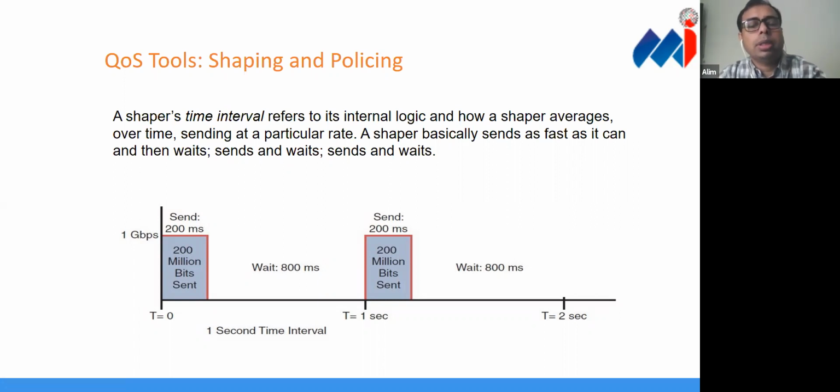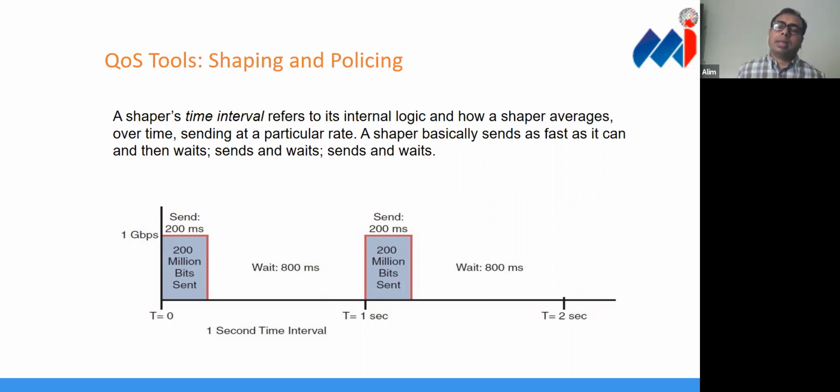So in 200 milliseconds you will send 200 Mbps worth, 2 million bits, and then for 800 milliseconds you will stop. You will send nothing. In this way, if you consider 1 second, then you are sending 200 Mbps only.